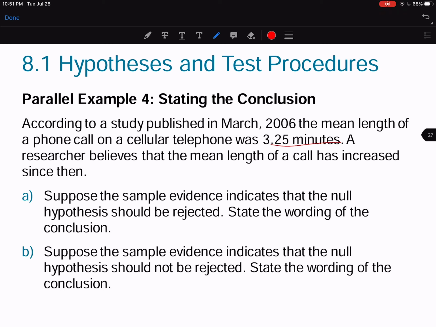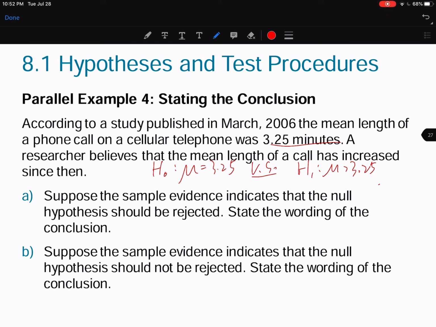A researcher believes that the mean length of a call has increased since then. So if we want to set up the hypothesis testing, we're going to have H sub 0: mu is equal to 3.25 versus the alternative: mu is greater than 3.25.